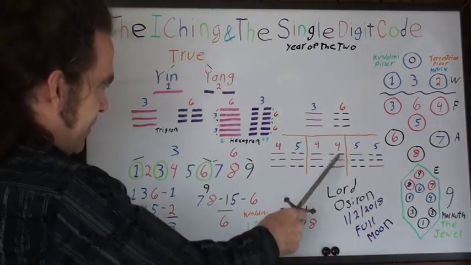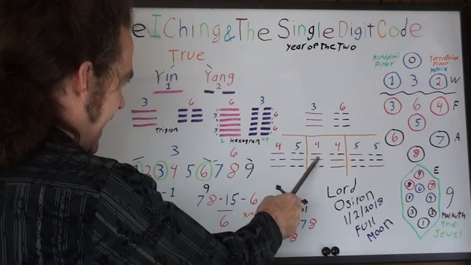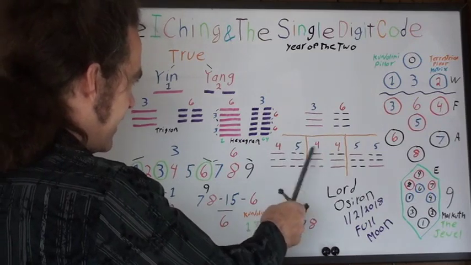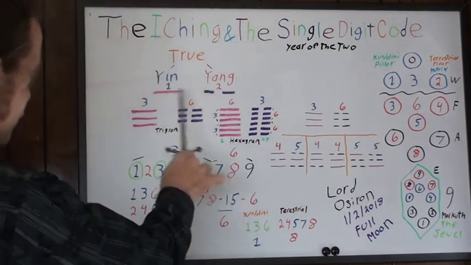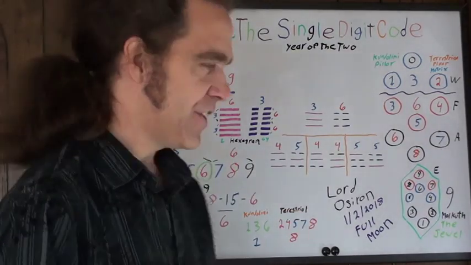From a distance it might look like the yin lines are actually red for yang, and the yang lines are blue, but that's not what it is. But these are all big enough to show clearly what's going on. So this is it. This is the opening video for 2018.